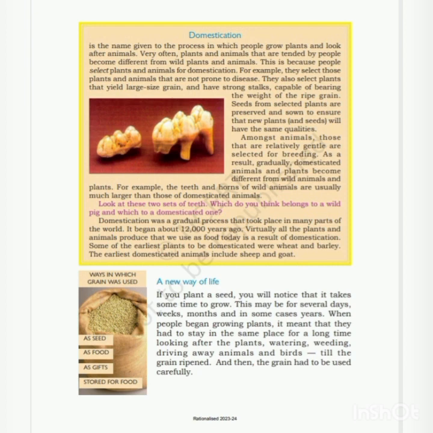As you can see in the image on this particular page, the teeth and the horns of the wild animals are usually much larger than those of domesticated animals. Domestication is a gradual process that took place in many parts of the world. It began about 12,000 years ago. Virtually all plant and animal produce that we use as food today is a result of domestication only.